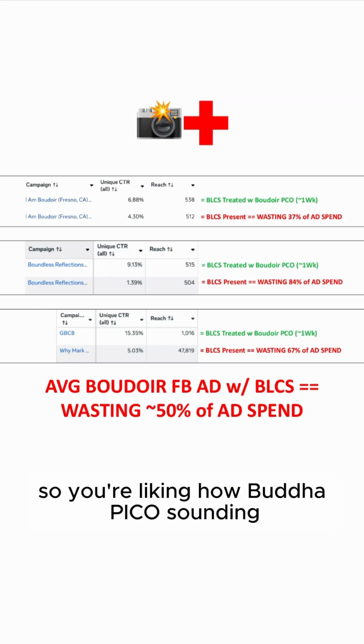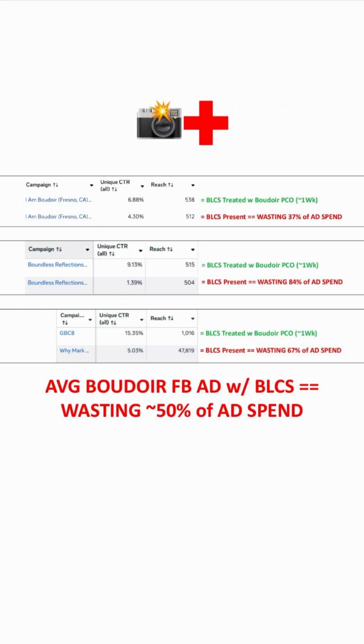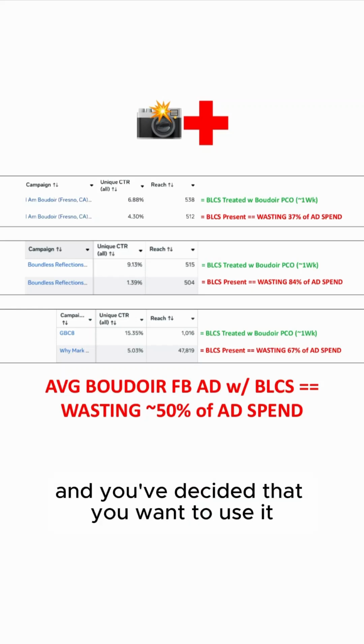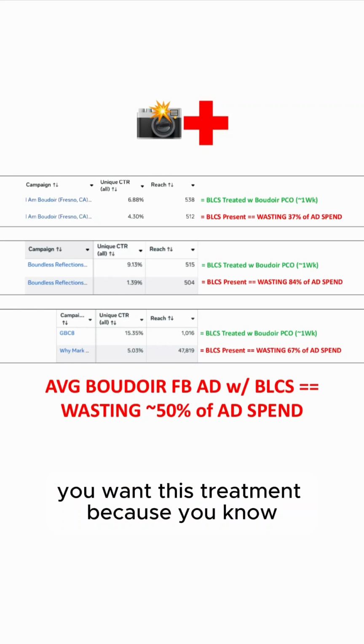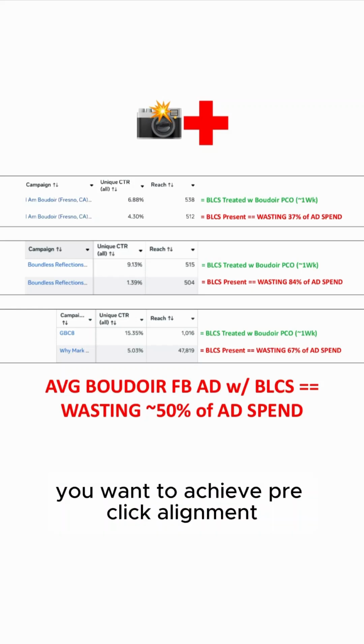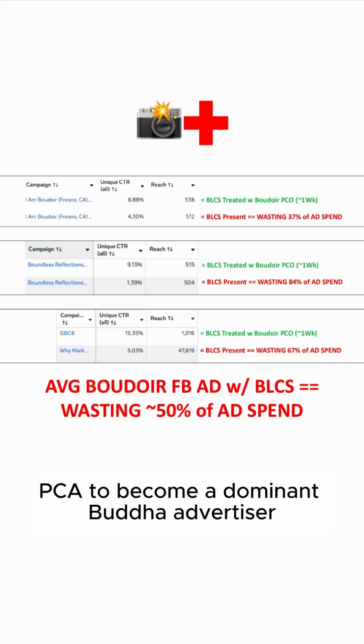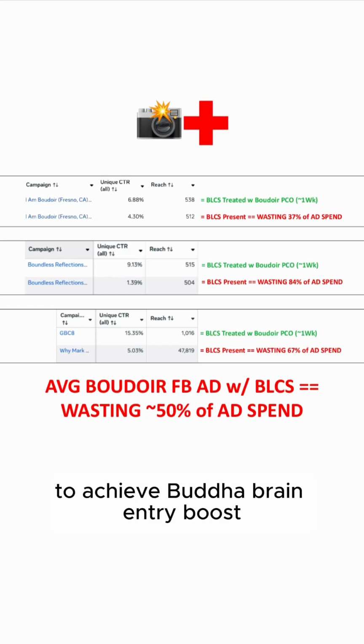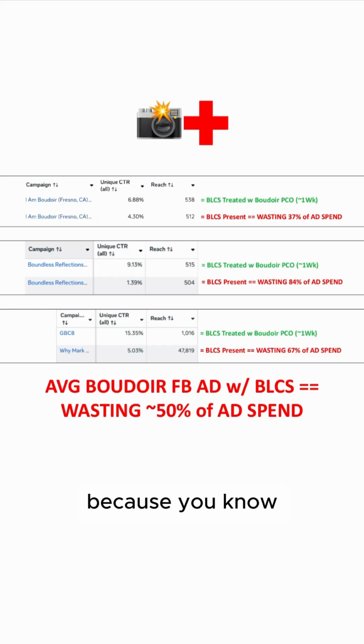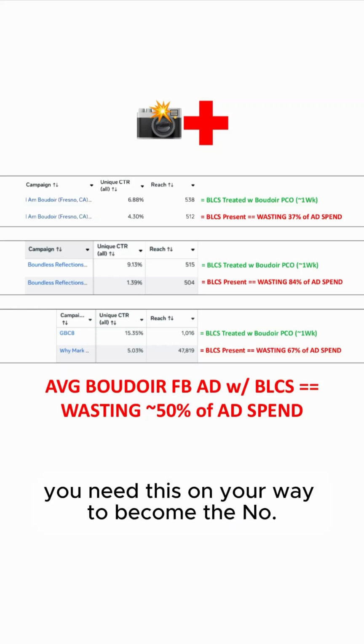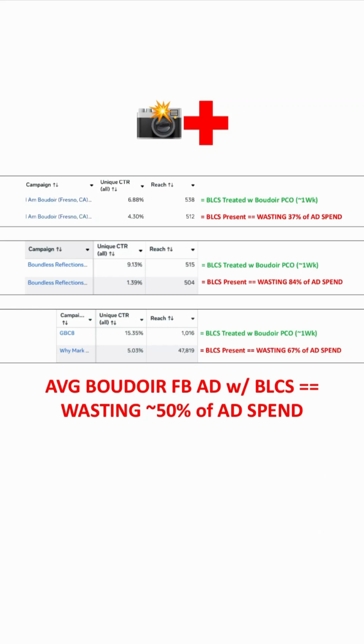So you're liking how Boudoir Pico is sounding, and you've decided that you want this treatment, because you want to achieve pre-click alignment, PCA, to become a dominant boudoir advertiser, to achieve boudoir brain entry boost, because you need this on your way to becoming the number one boudoir photographer in your city.